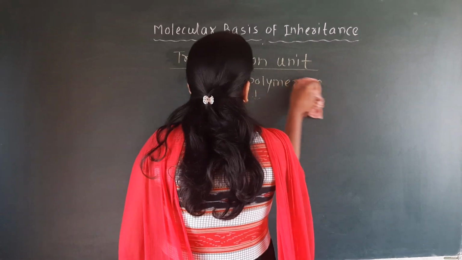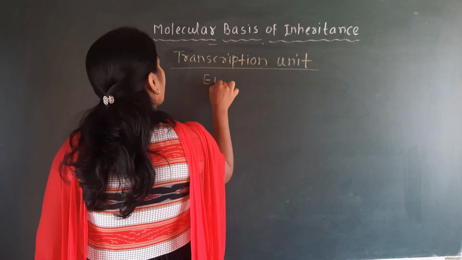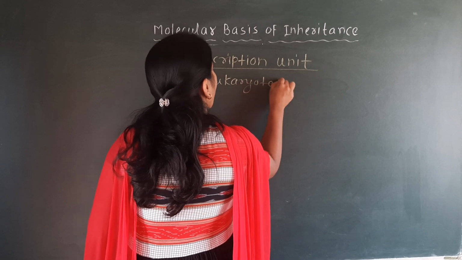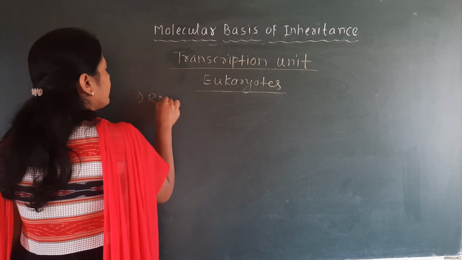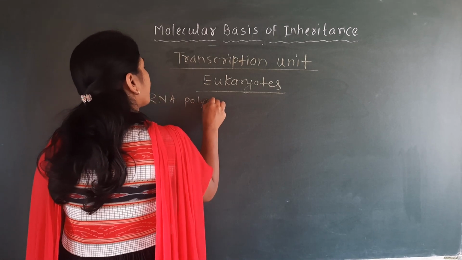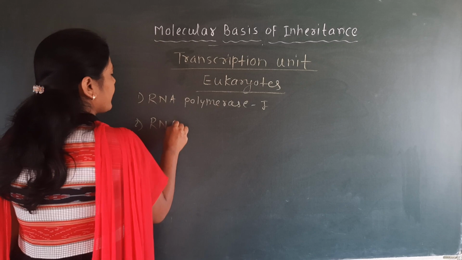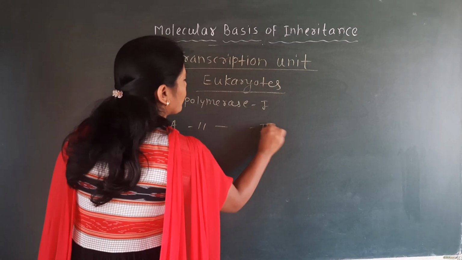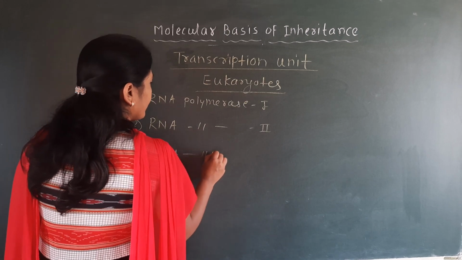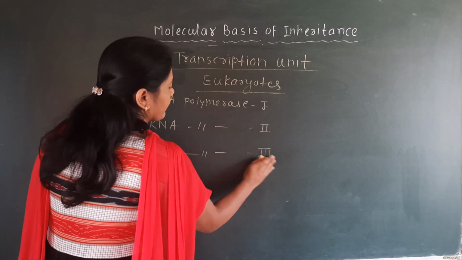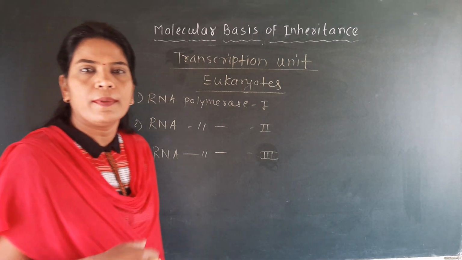But in eukaryotes, what we will find is that they have three different types of RNA polymerase: RNA polymerase 1, RNA polymerase 2, and RNA polymerase 3. These are the three types of the RNA polymerase.